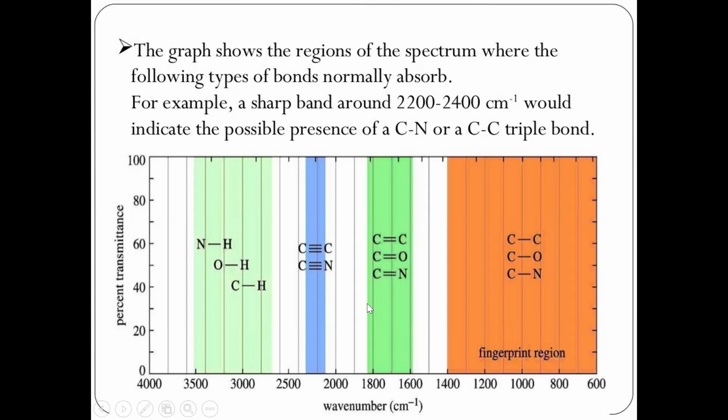And if you practice some spectra, you can remember these values. The absorption bands for the different bonds like NH, OH, CH lie in this range. And absorption bands due to C double bond C, C double bond O can be seen in this range. In the fingerprint region below 1500, you can see the absorption bands due to CC, CO, and CN.